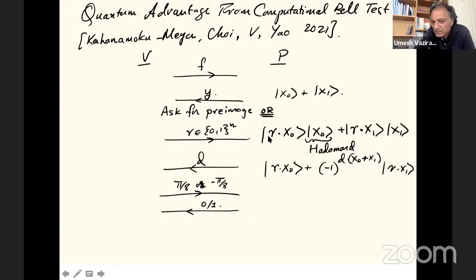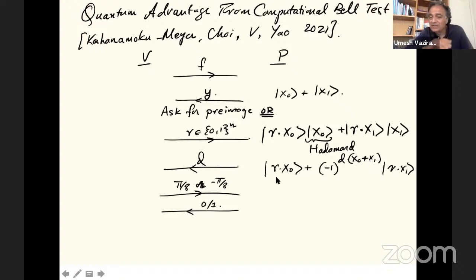So the prover ends up in this superposition, (R.x0, x0) plus (R.x1, x1). And then the prover does a Hadamard on these n qubits and returns the result, which is D. So it does a measurement, and the measurement result is D. And now the prover ends up with a qubit in this state, (R.x0) plus (-1)^(D.(x0 plus x1)) (R.x1).